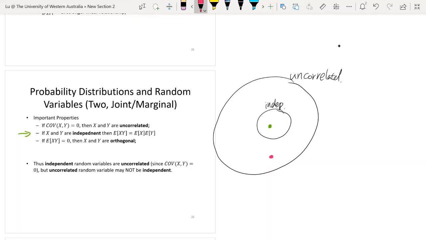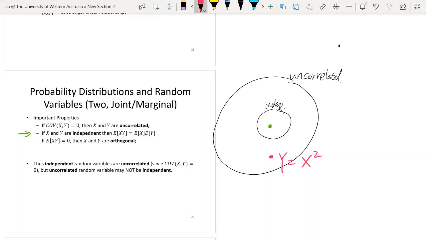So what I mean? Uncorrelated means they don't have linear relationship, but they may have the second order or third order or fourth order relationship. For example, y equals x squared. This is second order relationship, not a first order one, not a linear one. So that means this red dot may have higher order relationship if the x and y are uncorrelated.